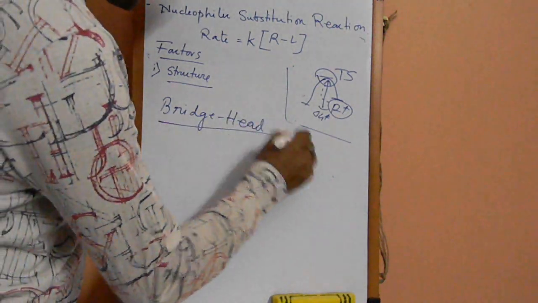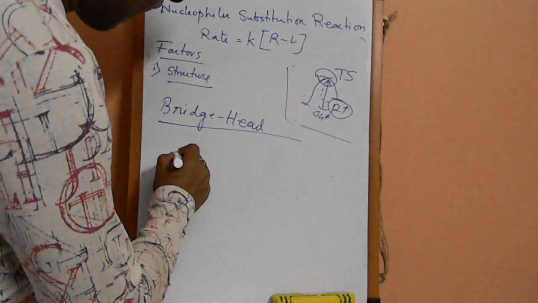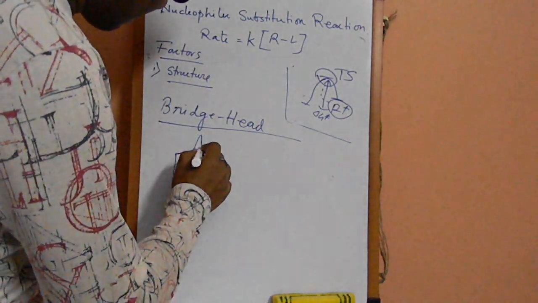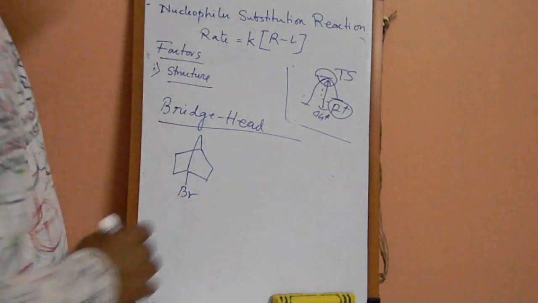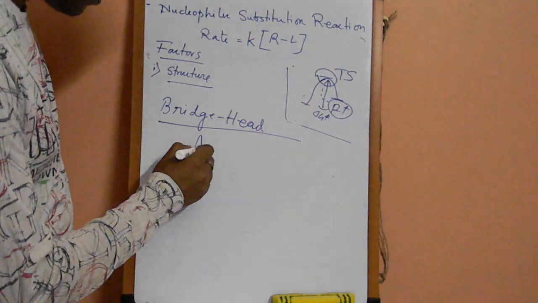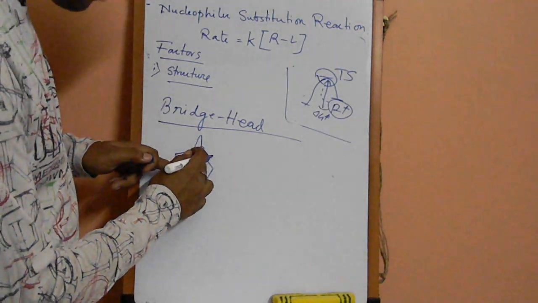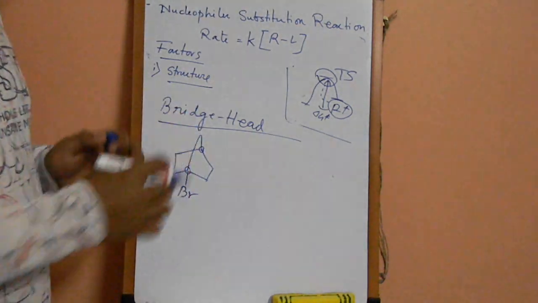Bridgehead carbon, what is that? If you have a compound like this, this position is called the bridgehead position, because these carbons, the bridgehead carbons, are making a bridge joining these two rings.